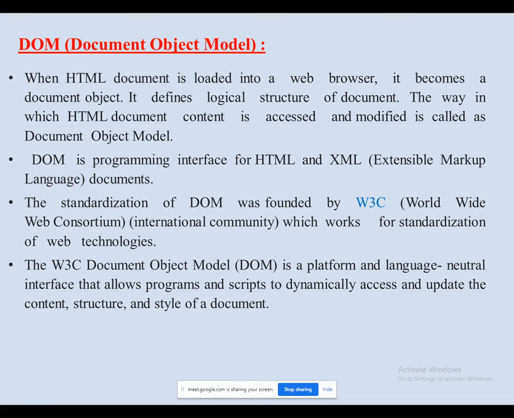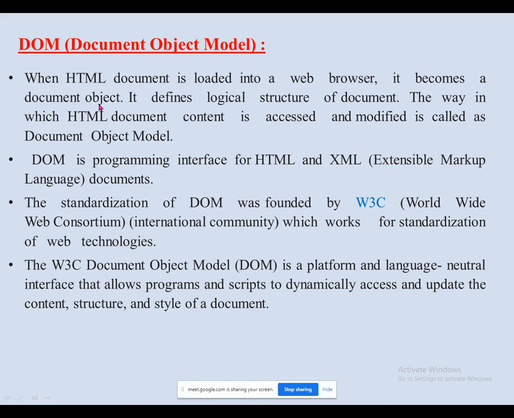Now we'll move forward. Okay, a very important part comes here. That is DOM. That is document object model. What is document object model? Okay. Now, when an HTML document is loaded into the web browser, the meaning is what? When you open your web page on the browser, it becomes a document object.